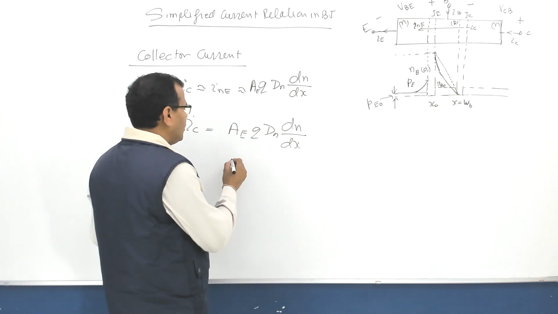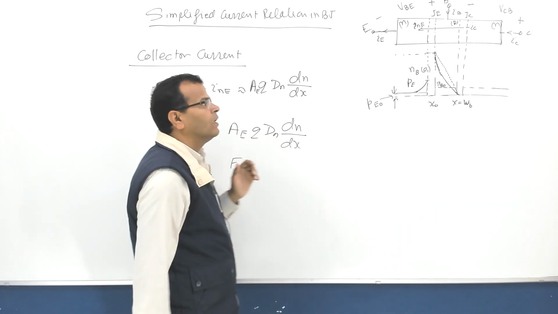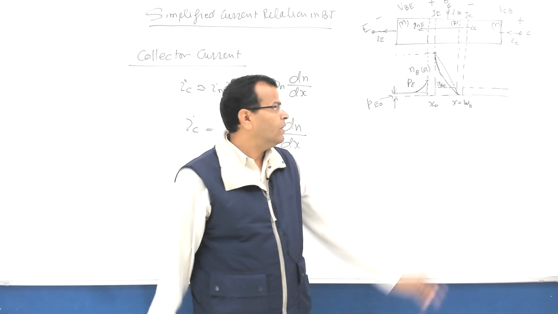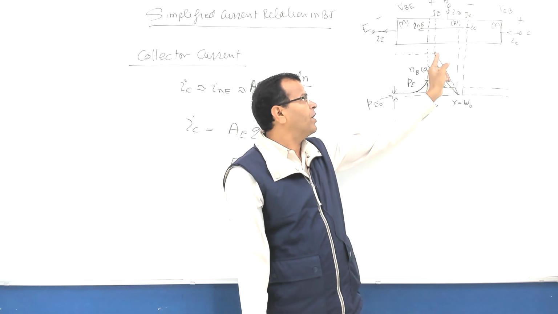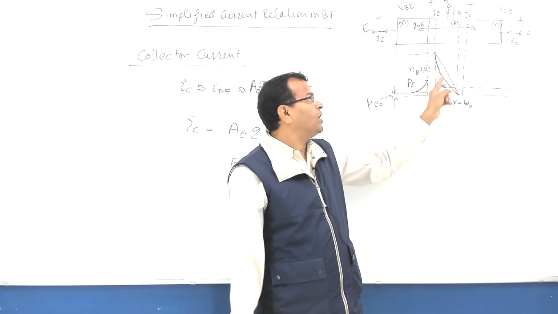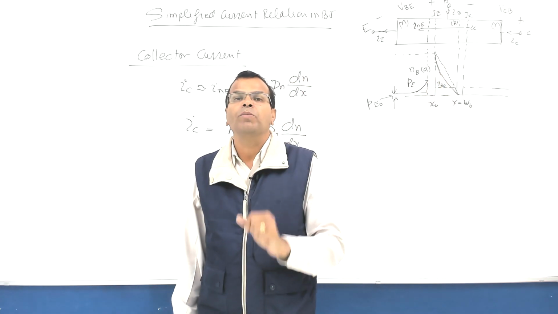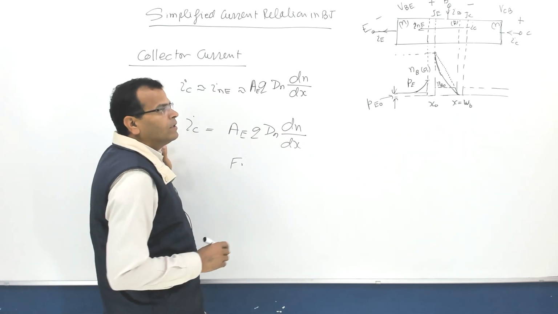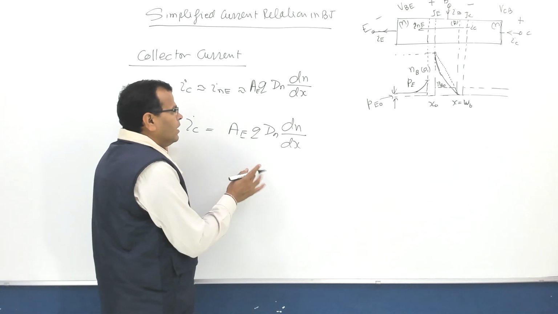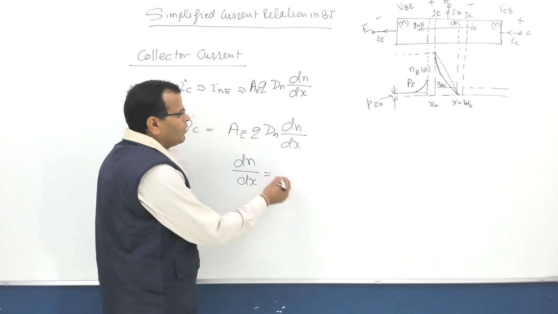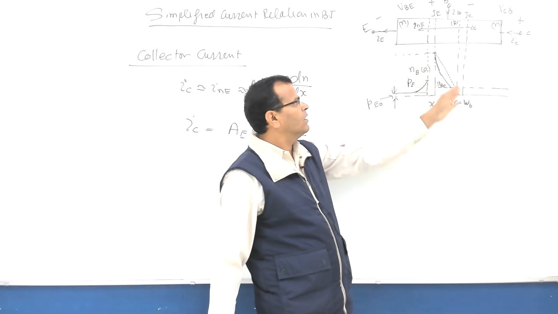So I repeat, no recombination will occur in the base region if the concentration of the minority carriers in the base reduces linearly. Exponential decay results in recombination. That is the concept you should remember. Here, if it is reducing linearly, the rate of change of concentration will be equal to the slope of this line.